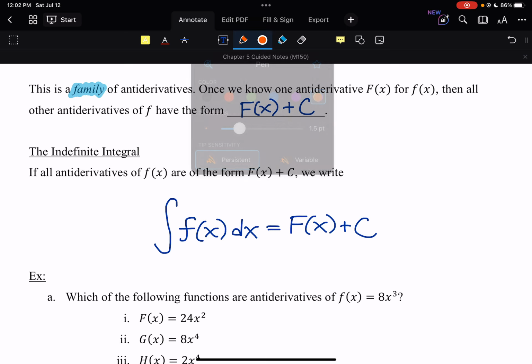This symbol here is the integral symbol.